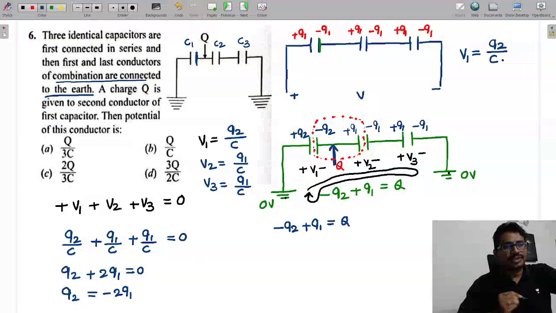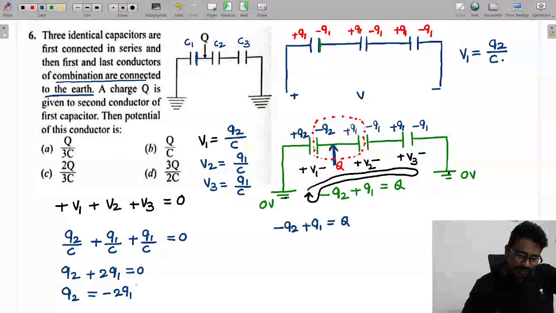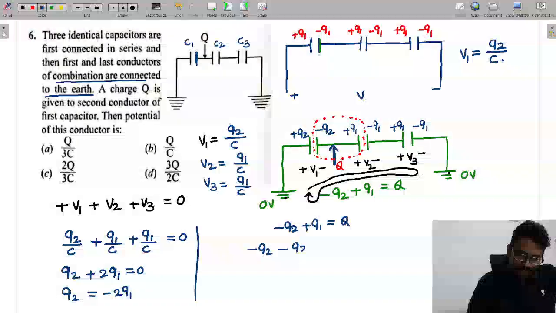We need Q2. So Q1 from this relation is minus Q2 by 2. Placing it here, minus Q2 minus Q2 by 2 gives minus 3Q2 by 2, which is equal to Q.